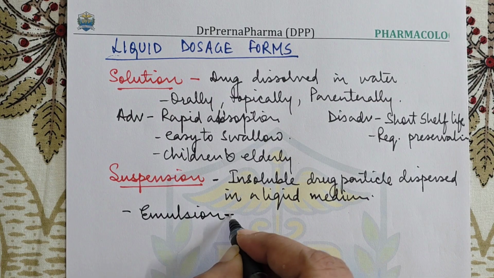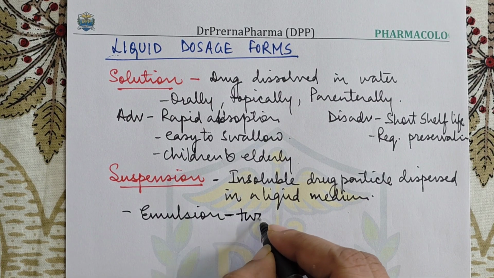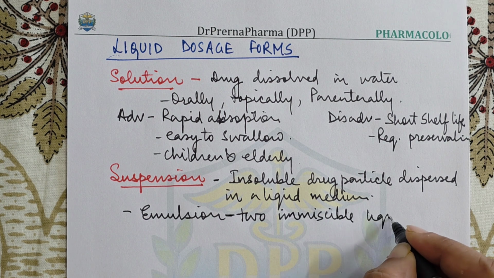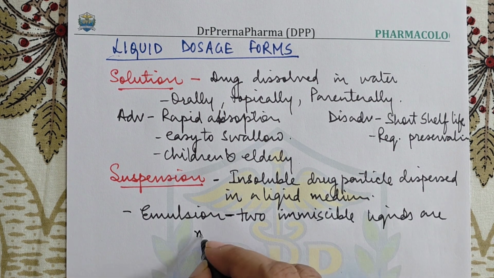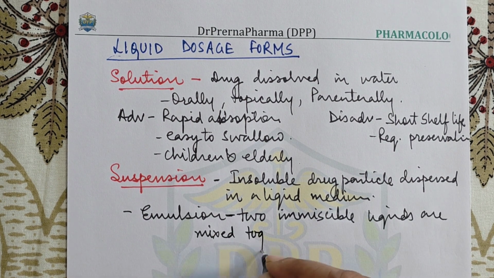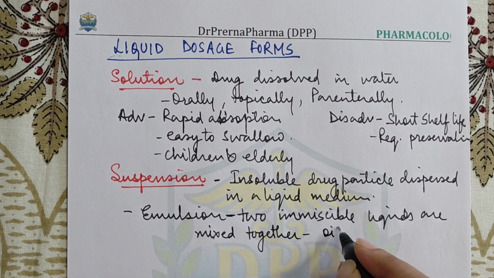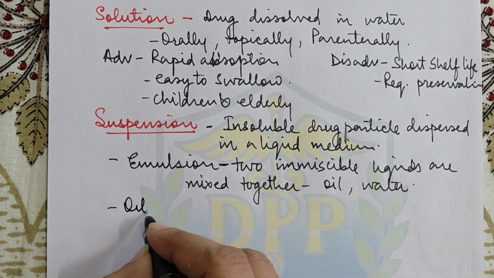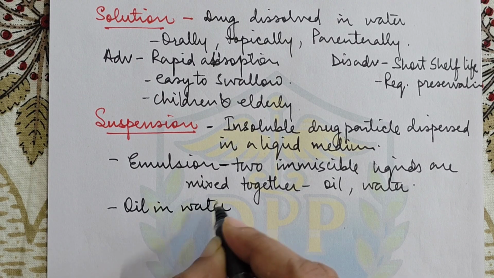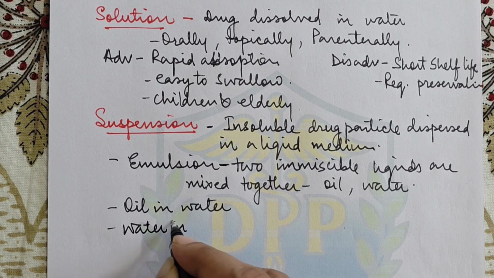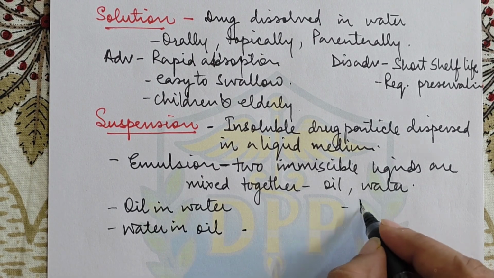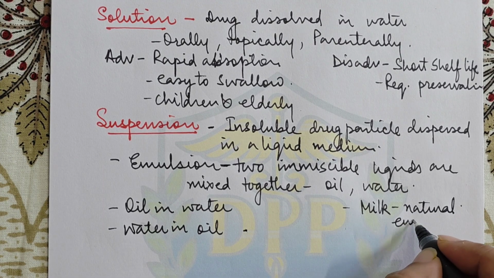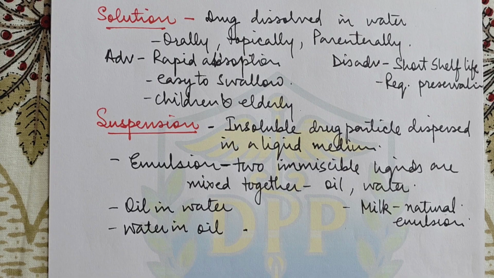Emulsion is something where basically two insoluble or immiscible liquids are mixed together, right? And usually in them one is oil and one is water. So it is either oil in water type of suspension, or it is water in oil type of suspension. Now as you know, milk is a naturally occurring emulsion. This also you know.